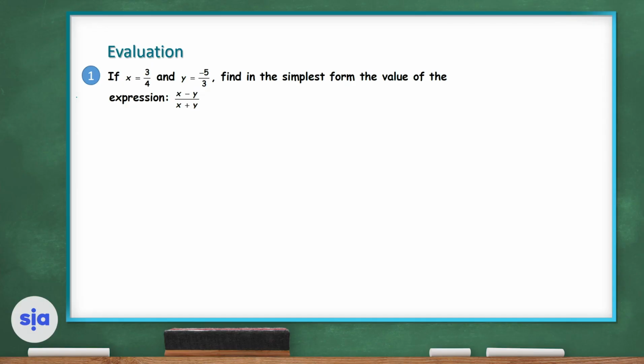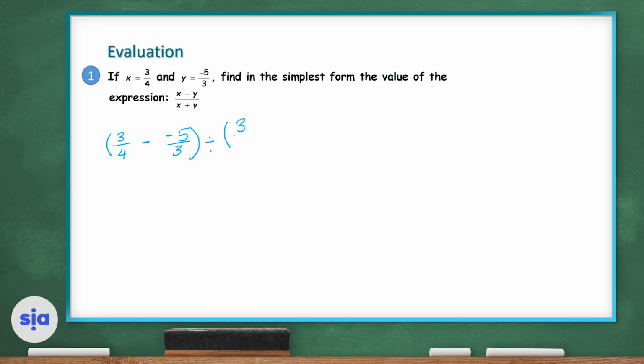If x equals 3 over 4 and y equals negative 5 over 3, find in the simplest form the value of the expression x minus y over x plus y. So, we know that x is 3 over 4, minus y is negative 5 over 3, and all of this over means divide.